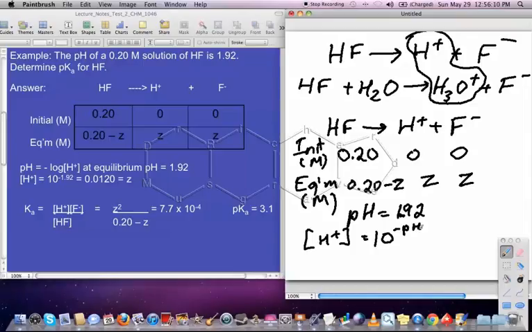Now I did that in a mini lecture where I was calculating pOHs, pHs, and pKas and Kas. So that gives us 10 to the negative 1.92. Now this concentration of H plus will be the equilibrium concentration, because this is the pH at equilibrium. So that gives us a value of 0.0120.